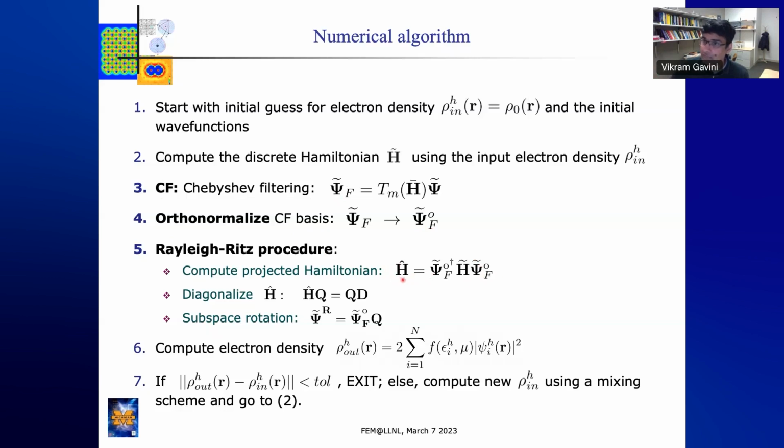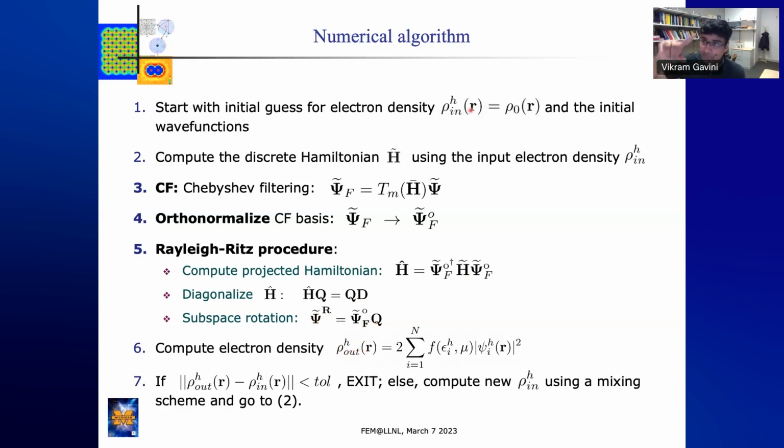That gives us a smaller Hamiltonian, which is roughly the size of number of electrons by number of electrons. Then we can diagonalize that Hamiltonian, depending on its size, either by direct means or iterative means. And then we can rotate back the solutions of this eigenvalue problem into the original finite element subspace and compute the electron density from those Kohn-Sham eigenfunctions that we computed. If the output electron density is the same as the input electron density, we're done.